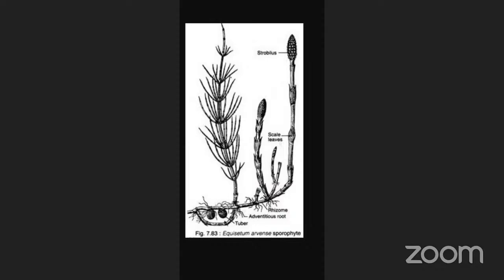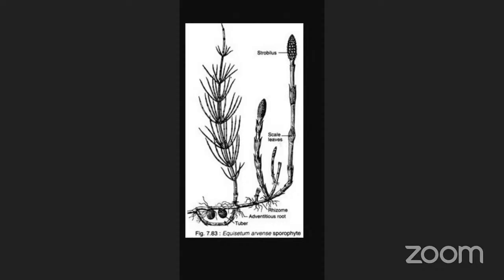The stem shows ridges and furrows. The number of ridges is the same as the number of leaves at each node, so each ridge leads to one leaf at each node.